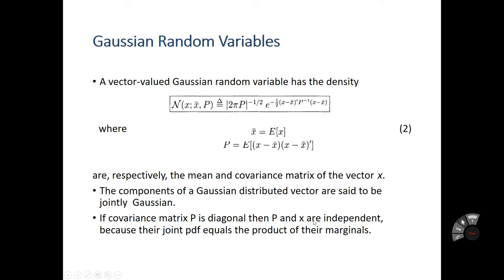Suppose they are independent, then in the intersection of P and X, they are equal to the product of their marginals, meaning their respective probabilities. So probability of P intersection X, or probability of P comma X, equals probability of X into probability of P, the individual product of the probabilities.